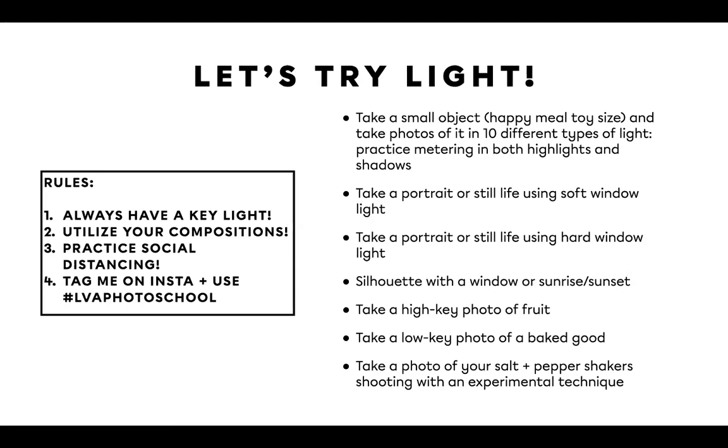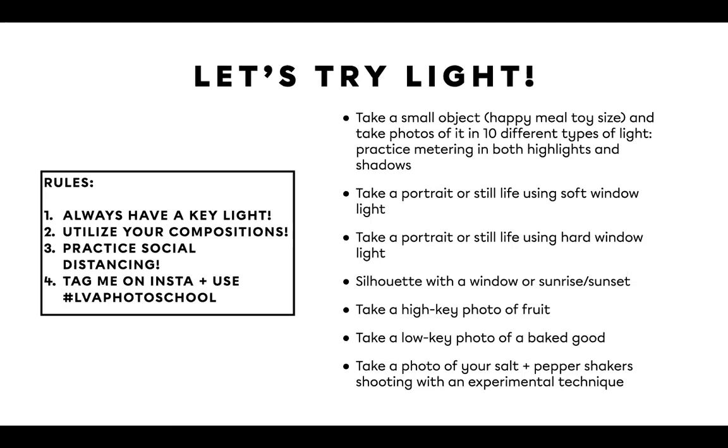I want you to take a high key photo of fruit. If you don't have fruit, you can use whatever you have. And then a low key photo of a baked good. So remember, high key means really bright, lots of whites, lots of bright colors. Low key is really dark, lots of blacks, very moody.